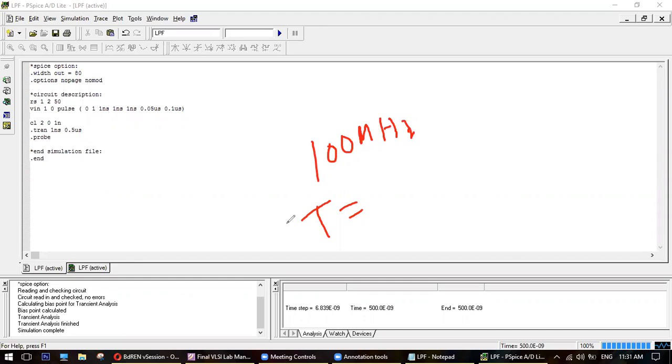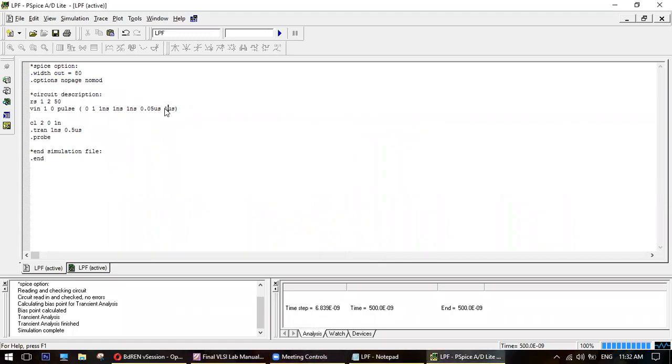So it will be 1 nano, sir, 1 divided by 100. Okay. It is 0.01 micro, right? So it is 10 nano. So it will be 10 nano, and this one will be 5 nano.